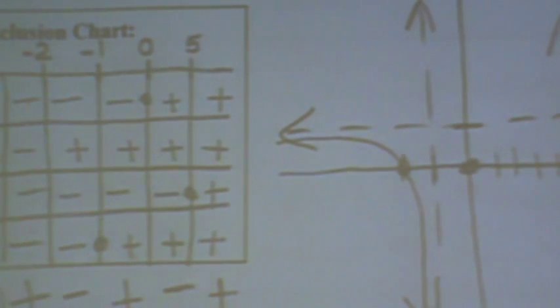Which I'm stuck. One, 2, we're in the positive. We are stuck here. And then it says negative. This is positive right here.